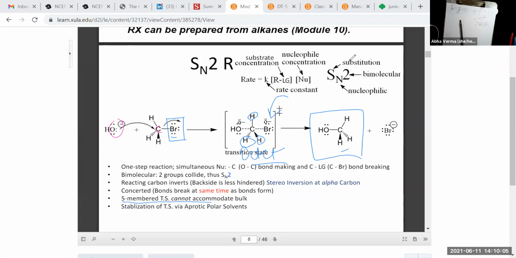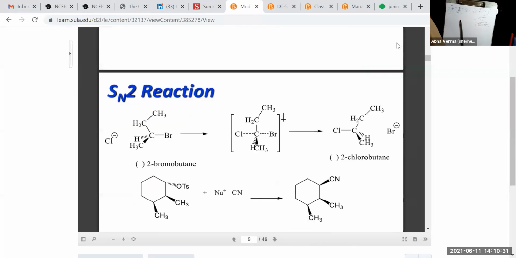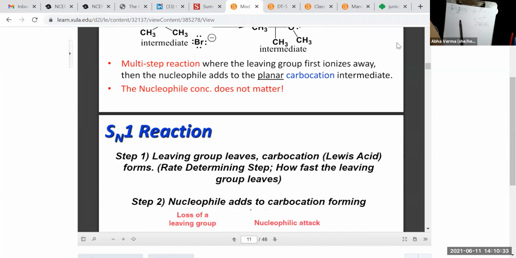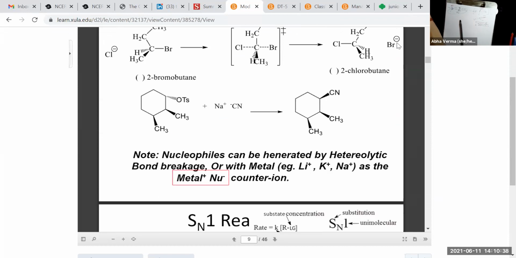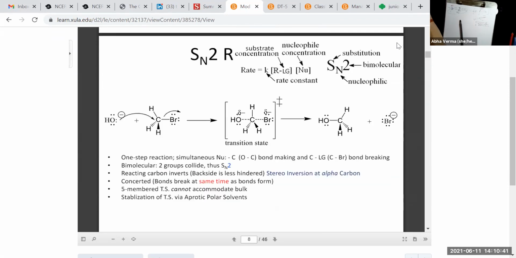Okay, so this 5-membered transition state, which we are talking about, cannot accommodate bulk also. So if these hydrogens were bulky groups, this 5-membered transition state would not form. And it has been determined by several studies that when an SN2 is reacting, the substrate is the biggest culprit for an SN2 reaction.